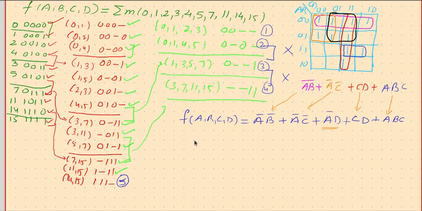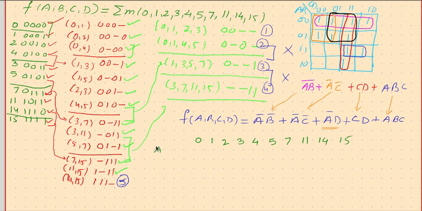Let me first put them in a list. So let's prepare a table: 0, 1, 2, 3, 4, 5, 7, 11, 14, and finally 15. Done. Now what are the terms you have?